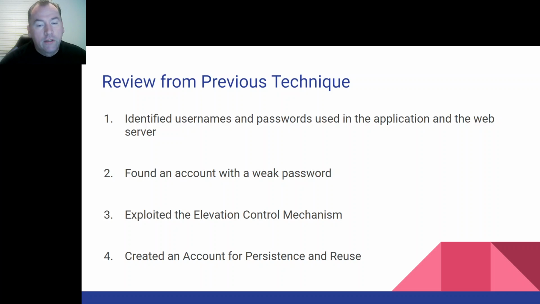Then we exploited the elevation control mechanism to gain additional privileges on the server. With those additional privileges, we were able to create an account for persistence that we will reuse not only in this attack path, but our next attack path.